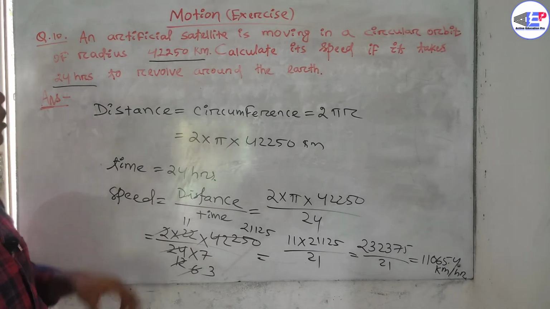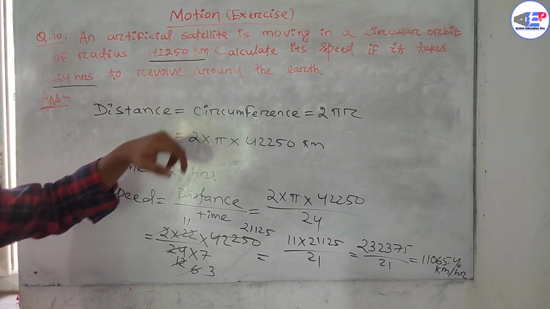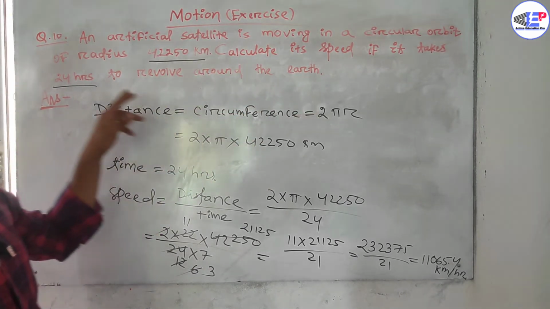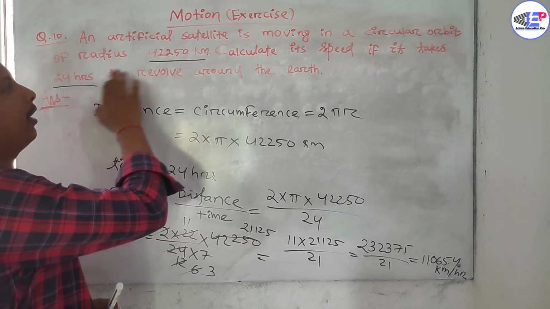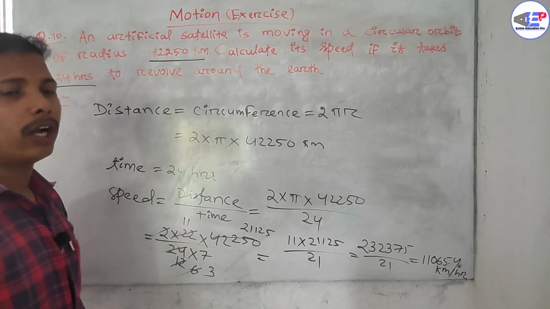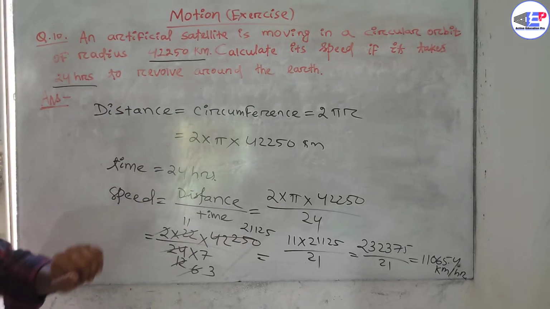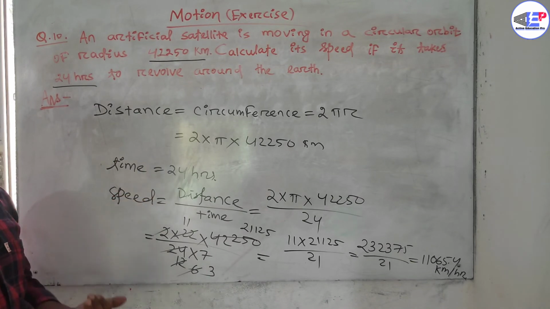Now I am repeating, the question is given that an artificial satellite is moving in a circular orbit of radius 42,250 km. Calculate its speed if it takes 24 hours to revolve around the earth. Time is 24 hours. Radius is 42,250 km. We have to find out the speed. For finding speed, we know that speed is distance by time. First, we have to find out the distance.